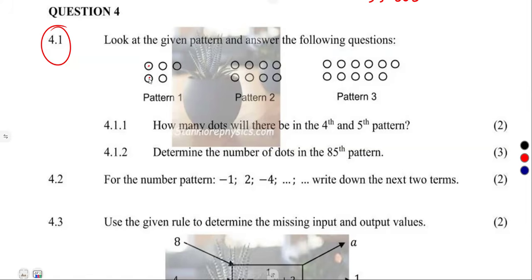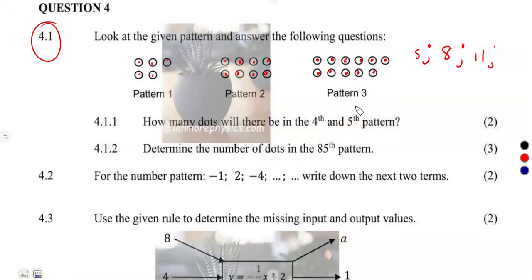We have got 5 dots on the first one, 8 on the second one, and 11 on the third, and so on. This is our first, this is our second, this is our third.